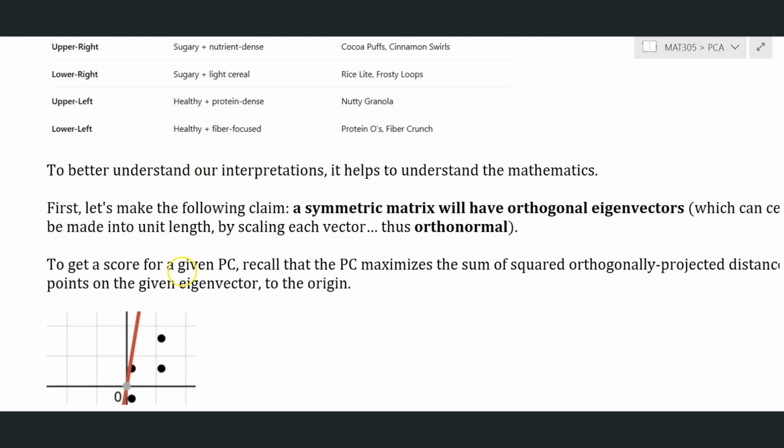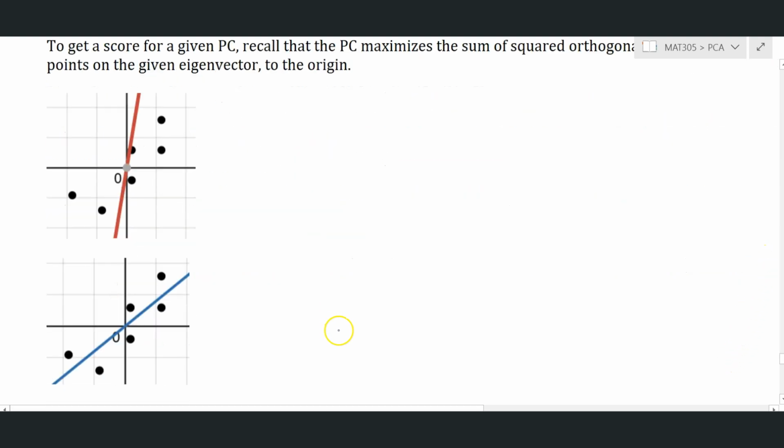Now, to get a score for a given PC, we have what it actually means, like how the PC is computed. Well, recall that the principal component maximizes the sum of squared, okay, so we square the orthogonally projected distances of the points on the given eigenvectors to the origin. Okay, that's how we compute this. So let me give you an example.